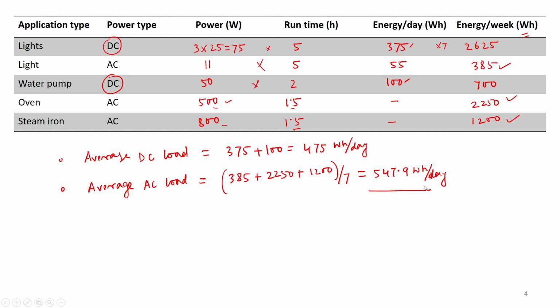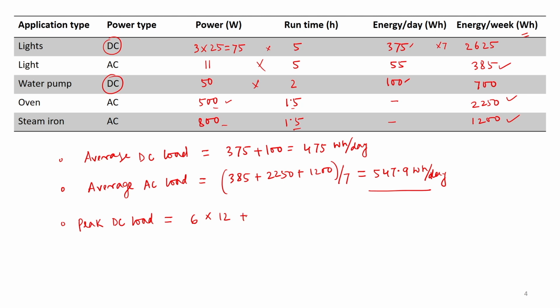We have been asked to calculate two more parameters. It is peak DC load. How can this be calculated? If we see the problem statement, for the water pump the starting current is 6 ampere and its voltage is 12 volt.